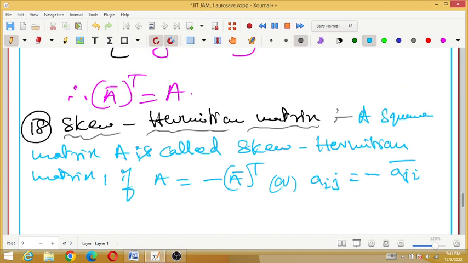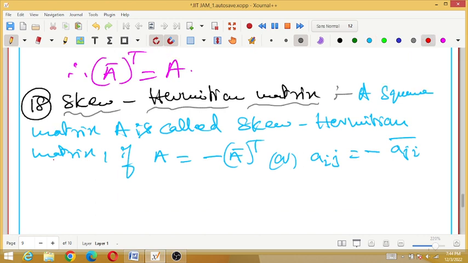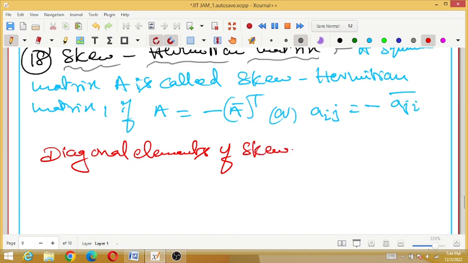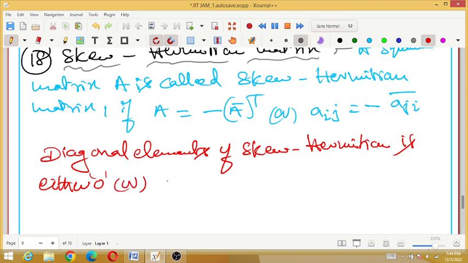See here, in a skew Hermitian matrix, an important point to note is that the diagonal elements of a skew Hermitian matrix are either 0 or purely imaginary.